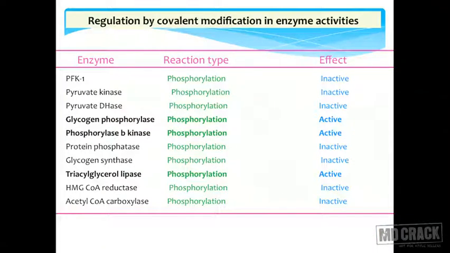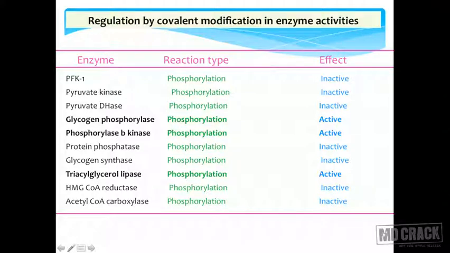Now we kept on talking of covalent modification. Out of covalent modification, again I have given the list here of different enzymes and whether in the phosphorylated state they are active or inactive. In this you can see glycogen phosphorylase, phosphorylase B kinase and triacylglycerol lipase or hormone sensitive lipase are the three enzymes which are active in their phosphorylated state.